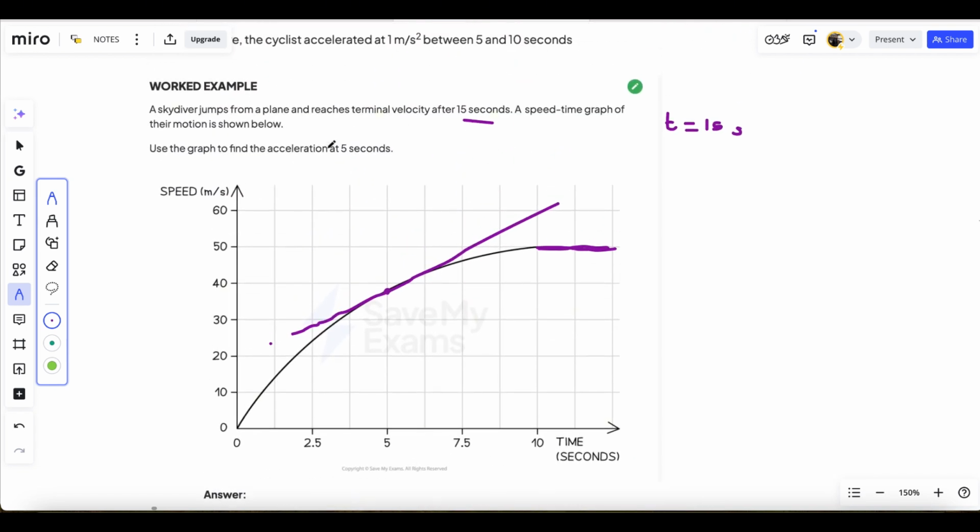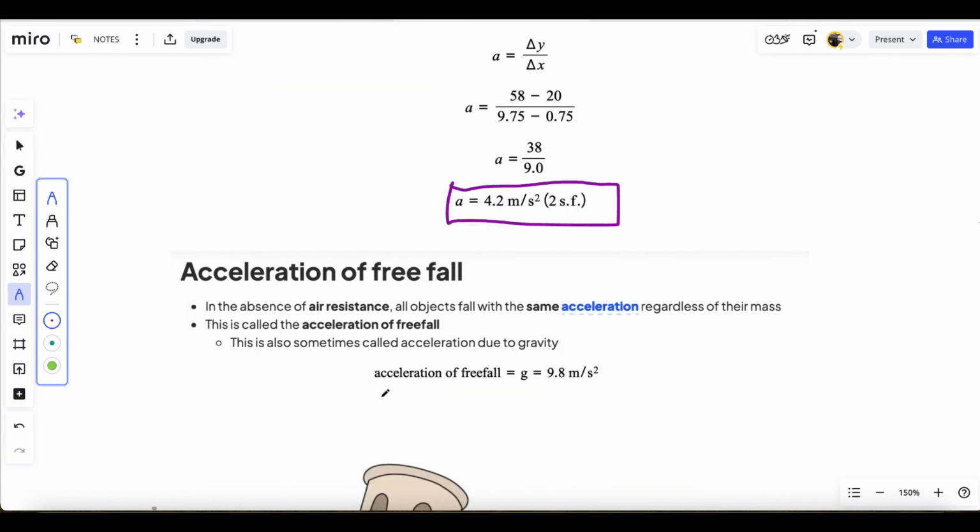The question says use the graph to find the acceleration at 5 seconds. So you have to go to 5, trace it here, put a point, use a ruler, draw a line of tangent, then use the tangent to form any triangle you want, and then calculate your gradient. Is that okay? So that's that for that.